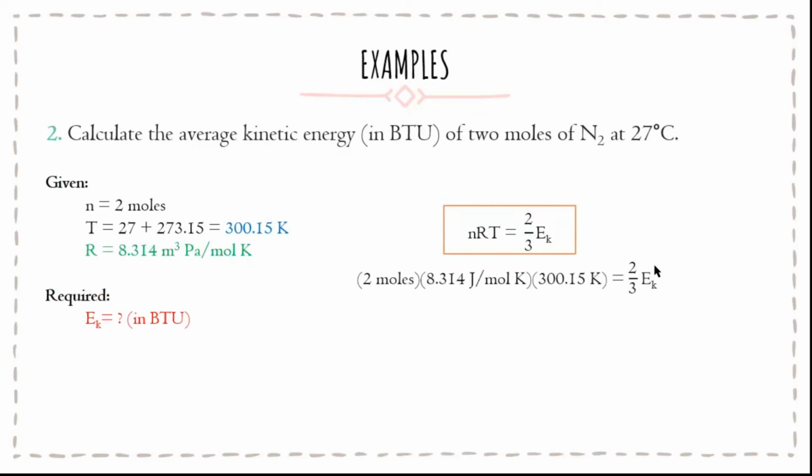Okay, using this, of course, and given the 2 moles, calculate for that. We have 7,886.34 joules. Converting it into BTU, 1 BTU is equal to 1055.06 joules. Okay, so we have our final answer.